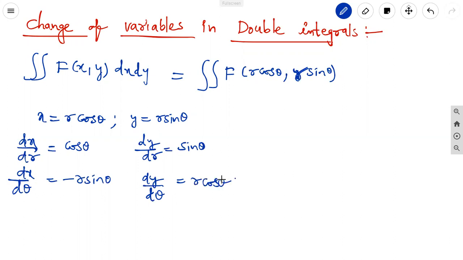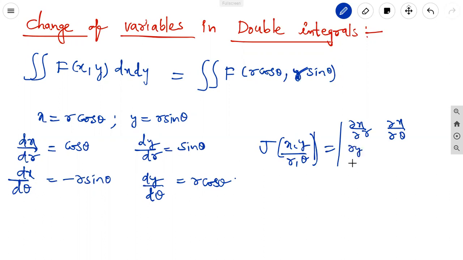Now we can find the Jacobian expression, that is J of x comma y by r comma theta, equal to the modulus of the determinant of dou x by dou r, dou x by dou theta, dou y by dou r, dou y by dou theta.